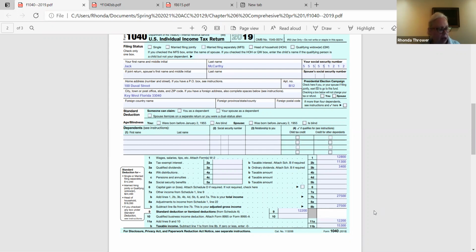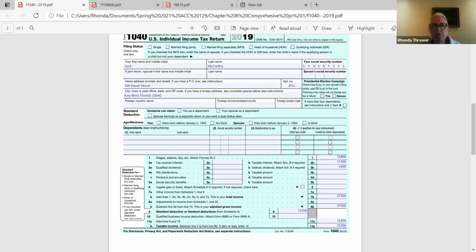And then they give you Jack's mailing address and his social security number, and they say to use Form 1040 Schedule B that we just filled out, but we also have to use Form 8615 from the instructions to compute Jack's 2019 amount of income tax.